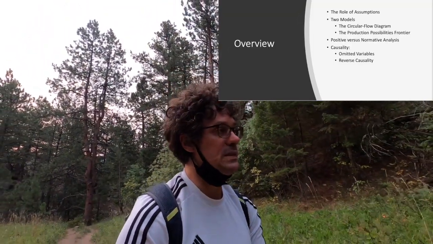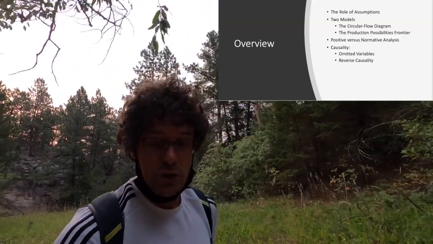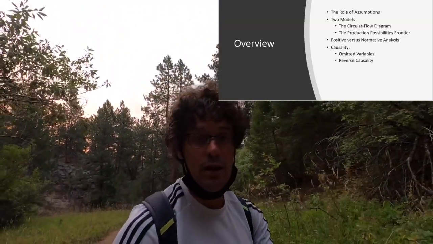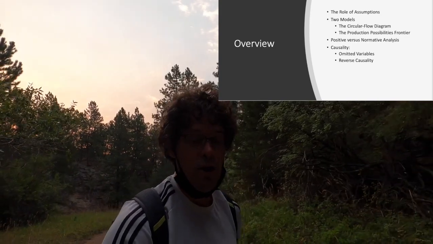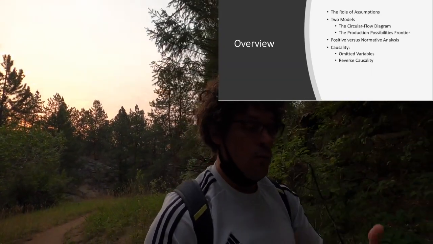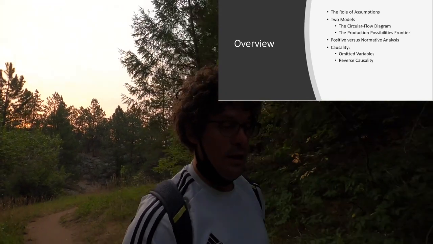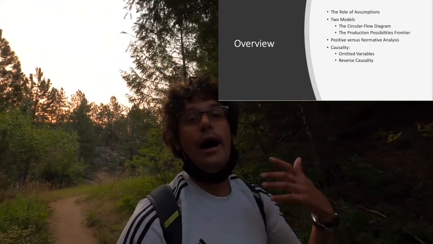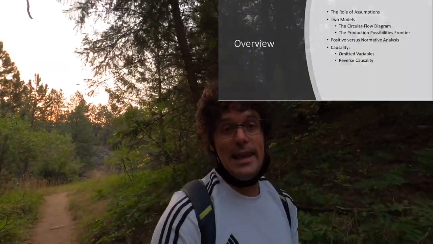And then we conclude with some very useful concepts, which are omitted variable and reverse causality. These are concepts that are used when we want to try to understand how to make causal claims. So let's start this new chapter.